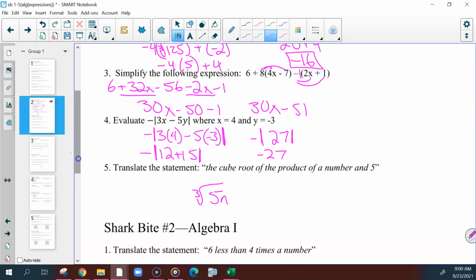You can choose x or whatever variable you want, but because the cube root comes first, that means everything else after it is going to be underneath the cube root. The product of means I'm multiplying these two things, so you didn't need the dot in between. You can just put them next to one another. Also the 3 is there. So the cube root is this symbol.